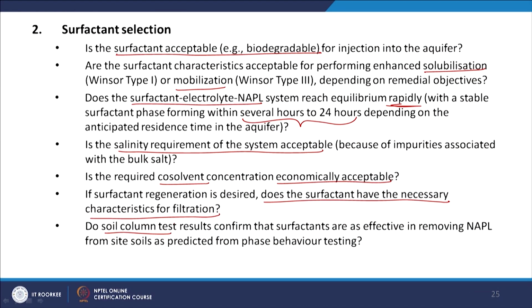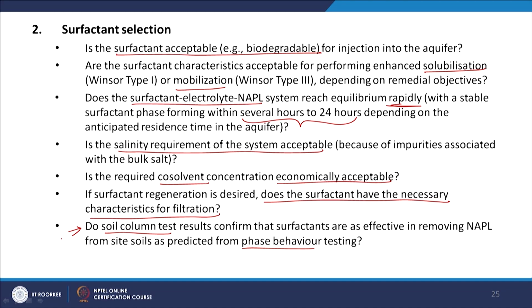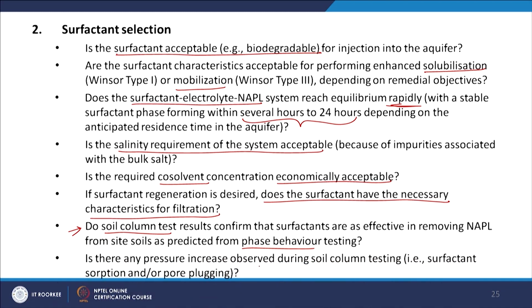So, let us move on. Column tests are to be conducted. One way, we are looking at this behavior as phase change behavior. We have micelles, and we have the surfactant and NAPL. You are seeing that there is going to be a transfer taking place, and that needs to be confirmed on a soil column test. Is there any pressure increase during soil column testing?